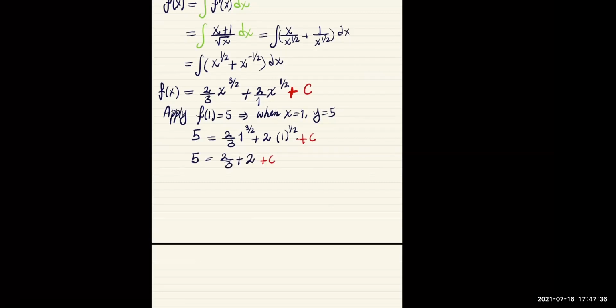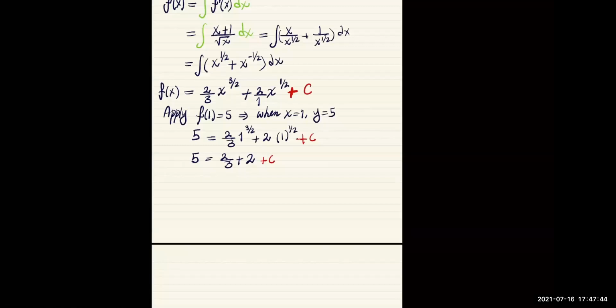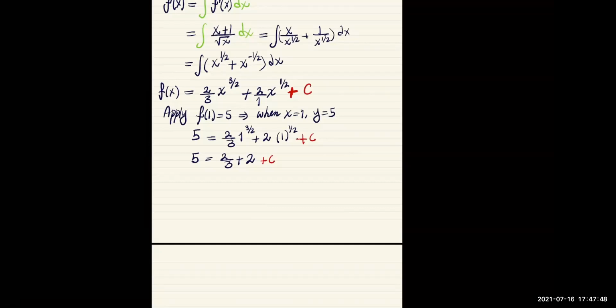I don't know how you like to solve this equation, but you could just move the 2/3 over, do 5 minus 2/3, or you can multiply everything by 3 if you want. It's up to you. Let's just multiply everything by 3. Or let me move the 2 over and then multiply by 3.